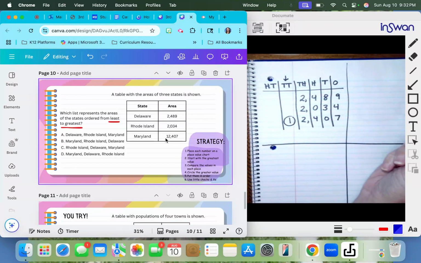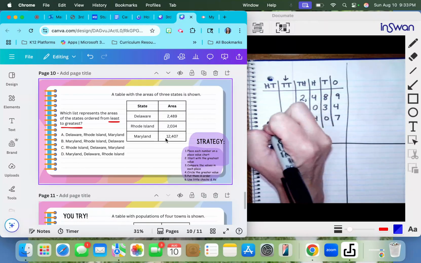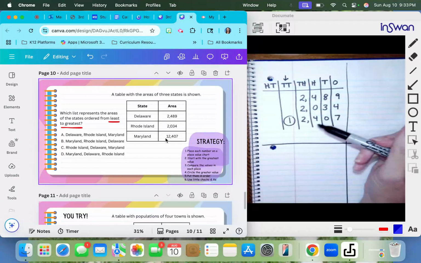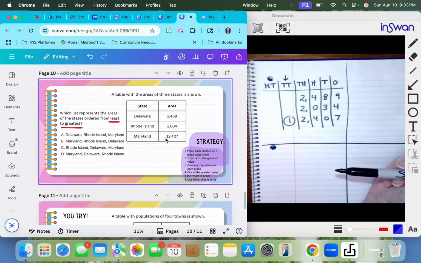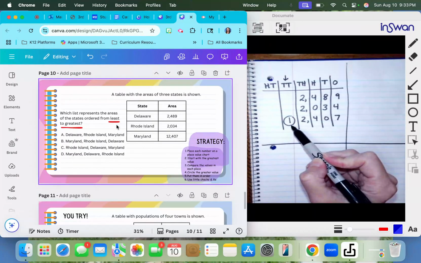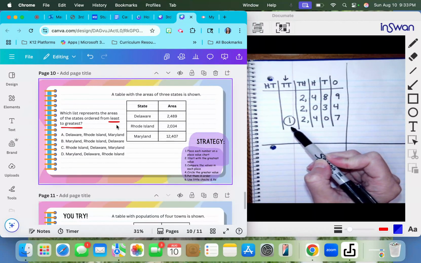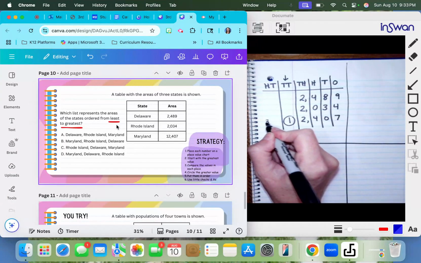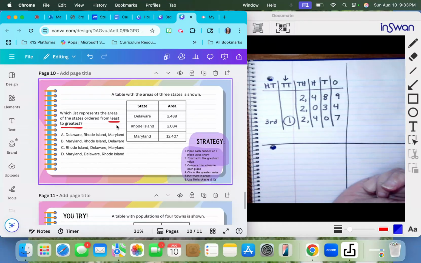He would be my greatest value for sure. So I'm going to label him. Well, he's not going to be my first place, is he? Remember, look at our directions. Least to greatest. So if he's the greatest, what place would he be in? Last place this time. He's coming in last place, so I'm going to give him third place. Because remember, least is going to go first in this list.